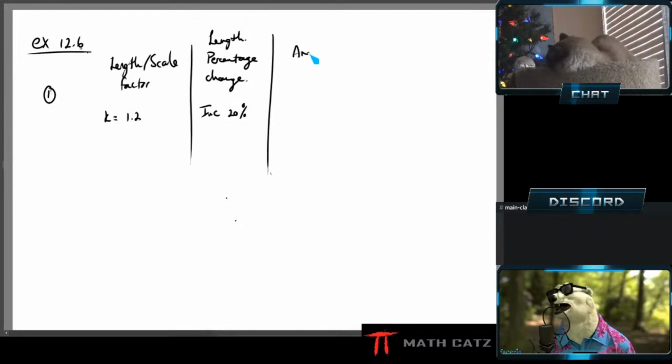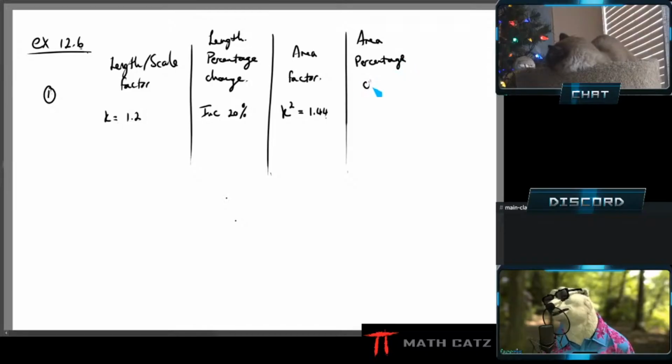Then I want to know by what factor does the area increase? That's going to be k squared. Now, because that's a 1.2, I can do it in my head and get 1.44. I think we've seen this one before. I can then interpret the area percentage change as an increase by 44%.